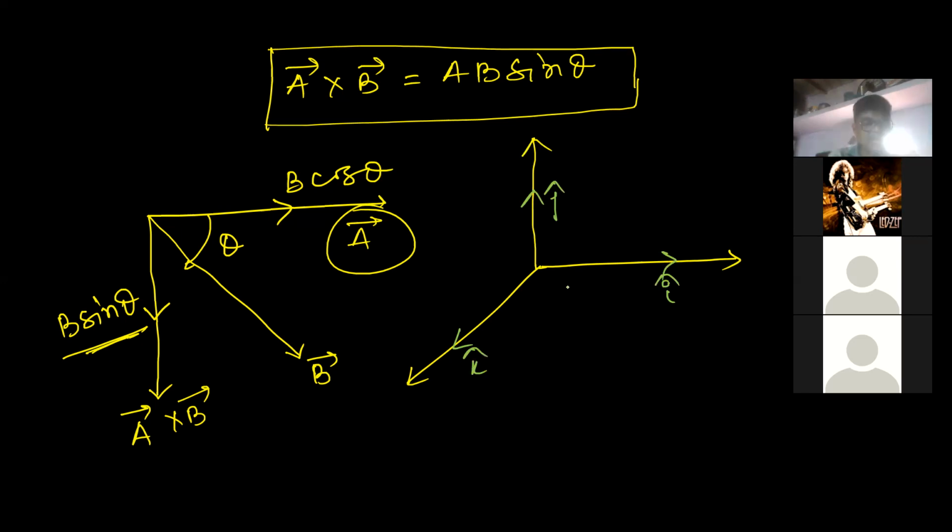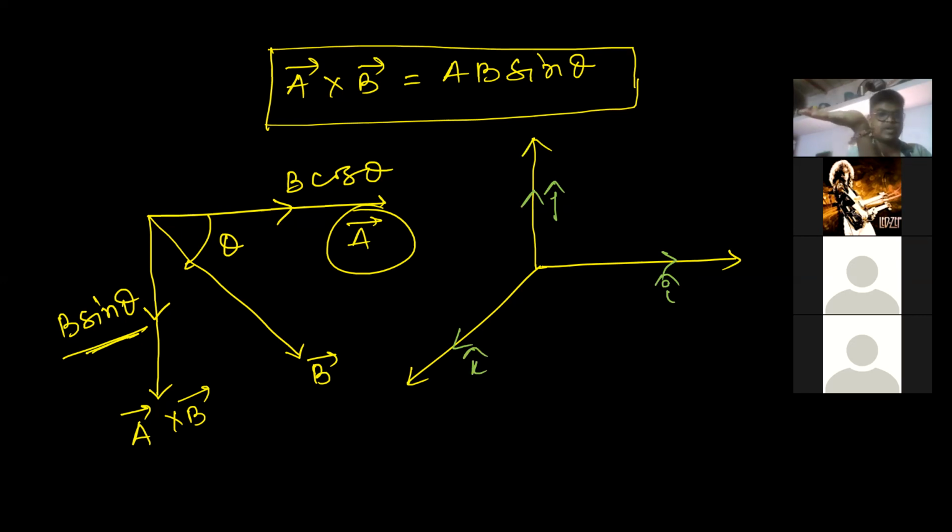Now, whenever you have to find the cross product, suppose I am rotating from i cap to j cap. In this case, we use our right hand. Are you people able to see my right hand here? Yes, sir. Okay.